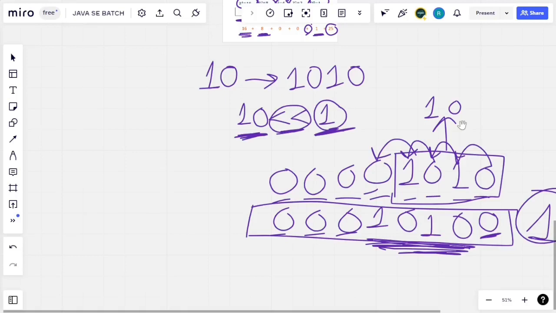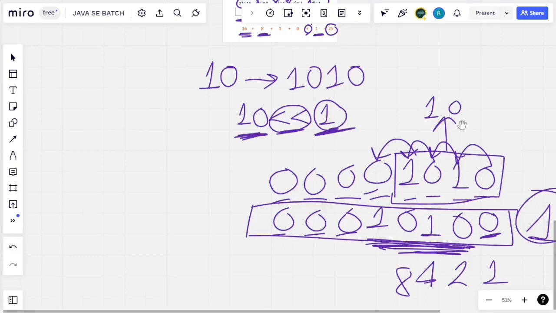Okay, we'll see. Sorry, I need to write the weights. This is 2 raised to power 0 with a weight of 1. This is 2 raised to power 1 with a weight of 2. This is 2 raised to power 2, so it will be 4. This will be 2 raised to power 3, which is 8.